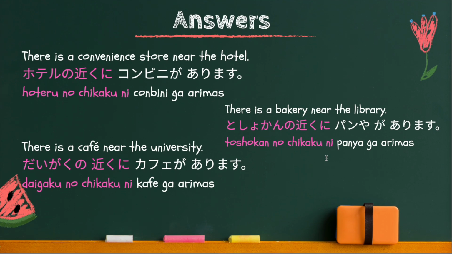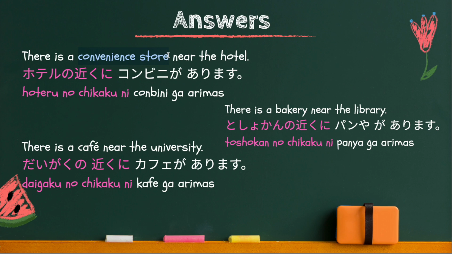There is a convenience store near the hotel. ホテルの近くにコンビニがあります。So this part is there is a convenience store, コンビニがあります, あります because a convenience store is a non-living thing.